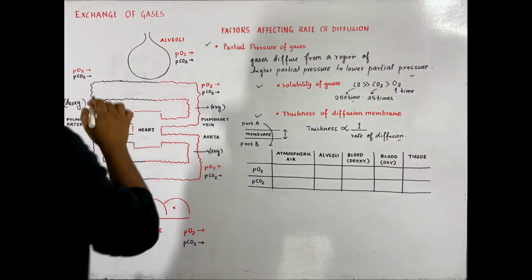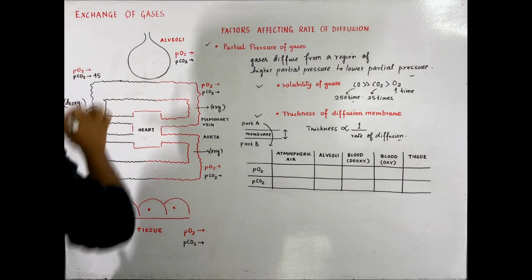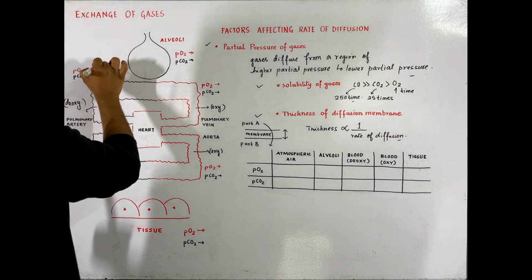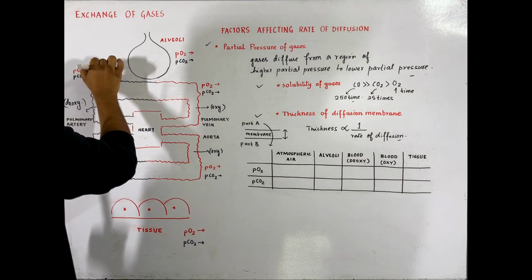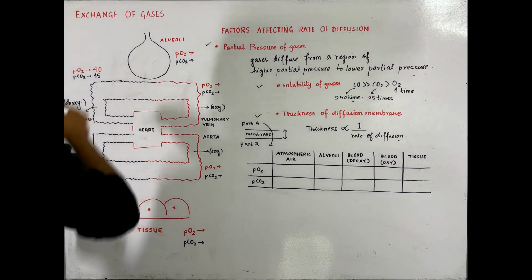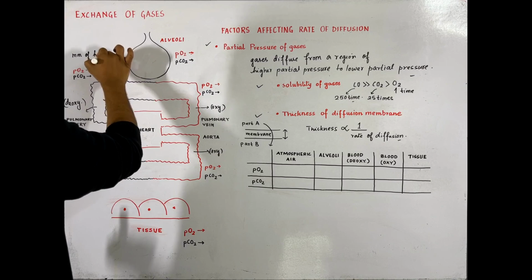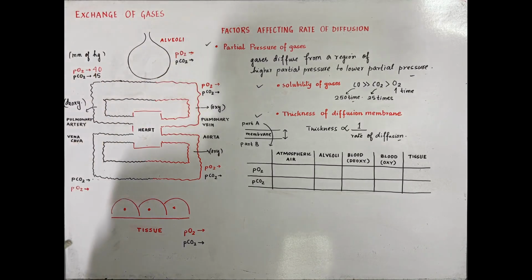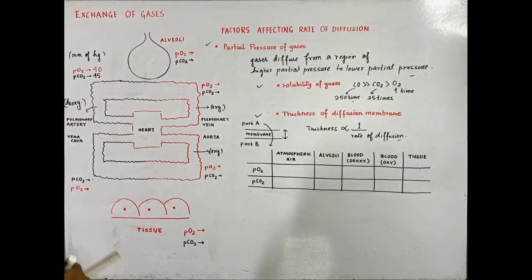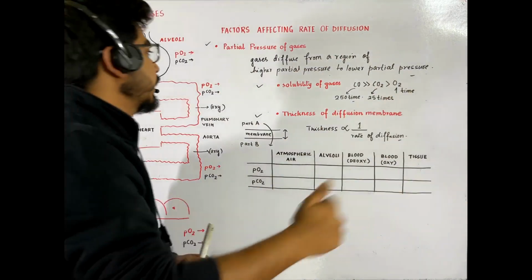So the partial pressure of carbon dioxide here is 45 and partial pressure of oxygen is 40. Now this pressure is in mm of Hg. This is the unit if you want to ask me. So 40 mm of Hg and 45 mm of Hg. So partial pressure of oxygen is 40, partial pressure of carbon dioxide is 45.